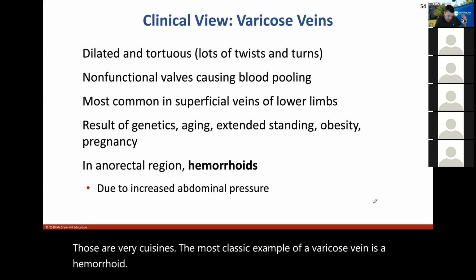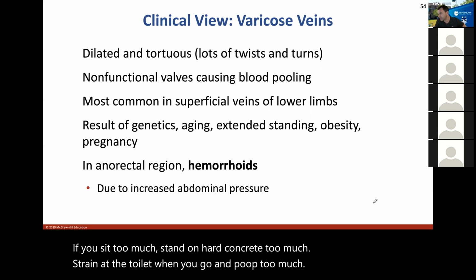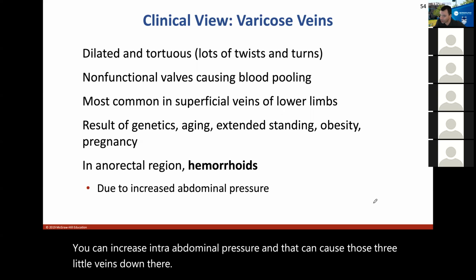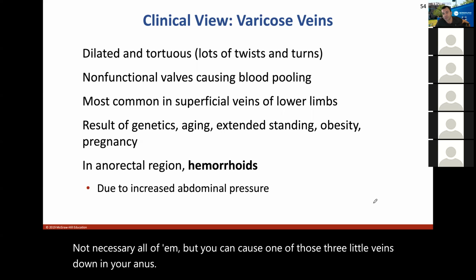If you sit too much, stand on hard concrete too much, strain at the toilet when you're going poop too much, you can increase intra-abdominal pressure, and that can cause those three little veins down there, not necessarily all of them, but you can cause one of those three little veins down in your anus to blow out.